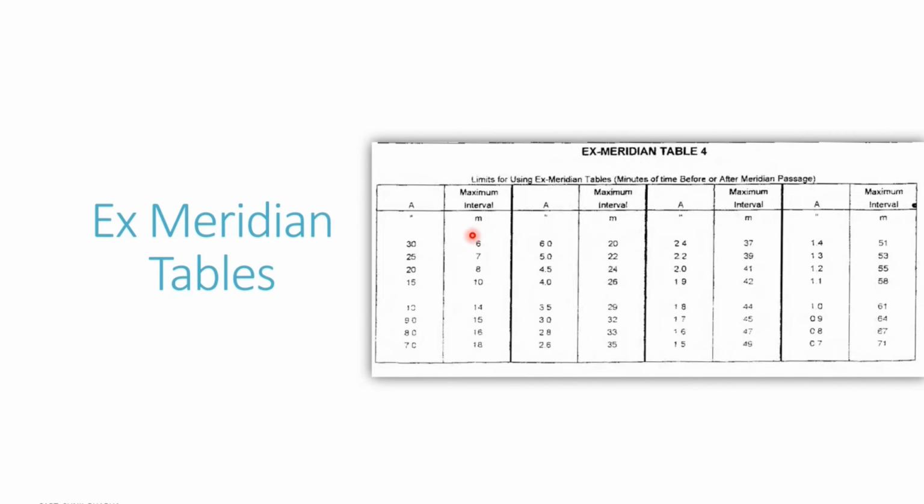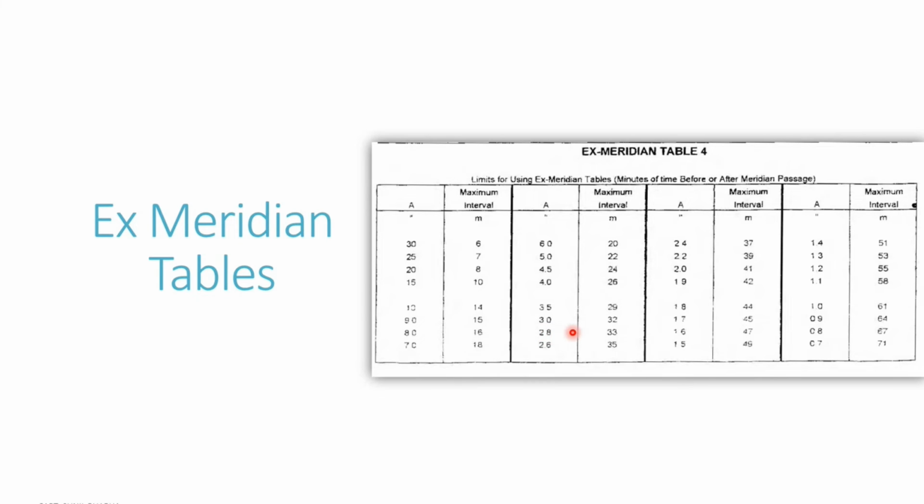So let's try to find out the limit for our example. We had the factor A as 2.96. So you see it starts with 30, 15, 10, 7, go in the next column, 6, 5, 4, 3.5, 3, 2.8. Now the value which we have nearest to our value was 2.96. The nearest one which we have here is 3.0.